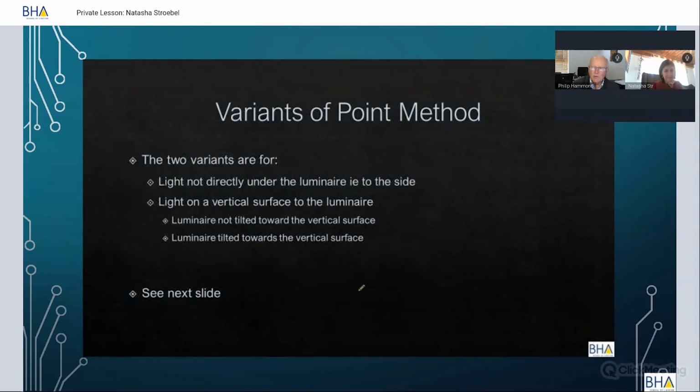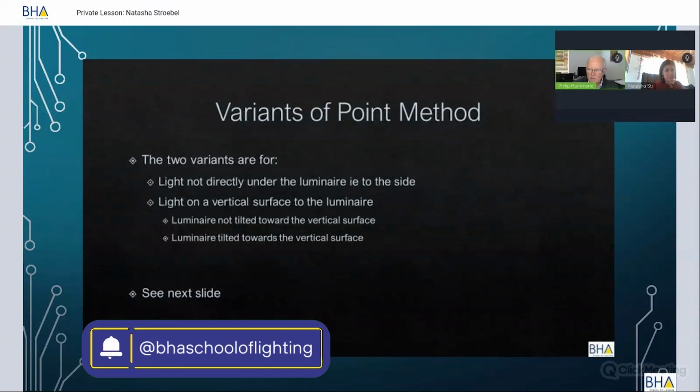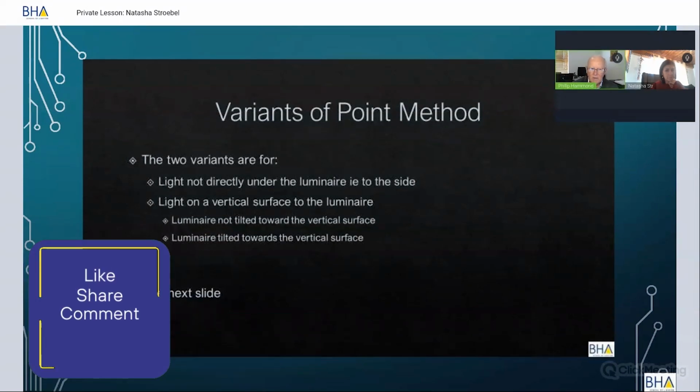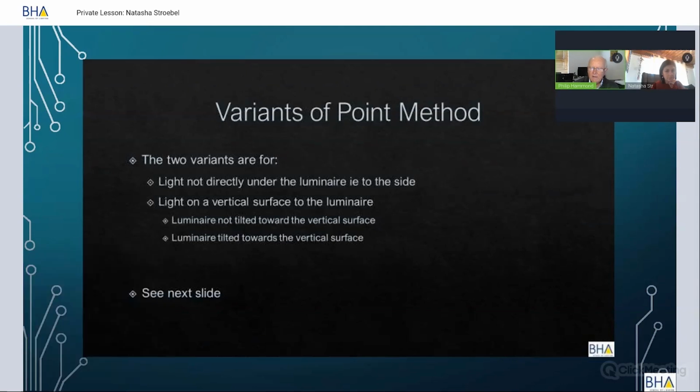Now we want to look at the variants of the inverse square law. There are a couple of variants, and when do we use them? First of all, we want to work out, if we know what it is in the center, right in the center of the pool of light, what the value is at the edge of that pool of light.